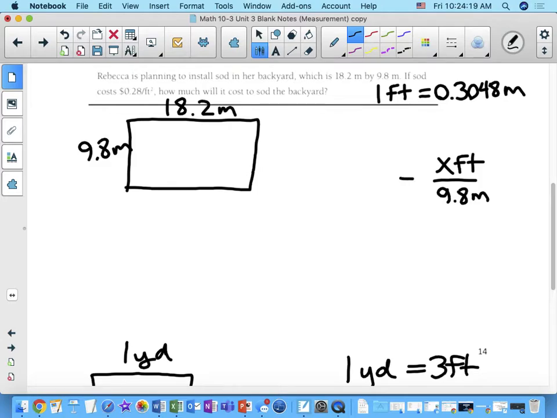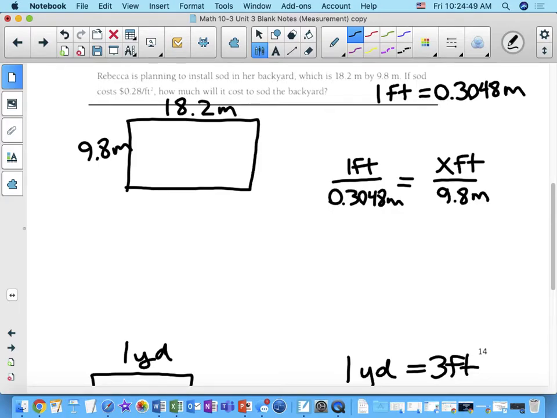The other side is going to be this conversion factor. Which of these two values is going to go in the numerator? The 1 foot or the 0.3048 meters? The 1 foot, because I've put feet in the numerator on the right side, right? So 1 foot has to go in the numerator over 0.3048 meters in the denominator.